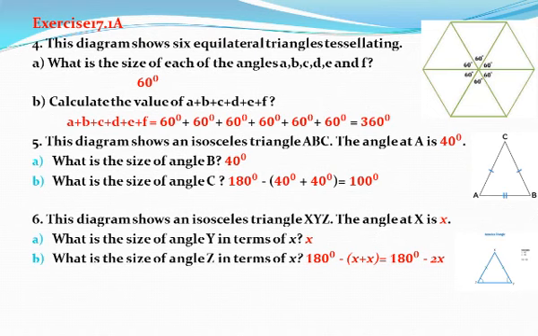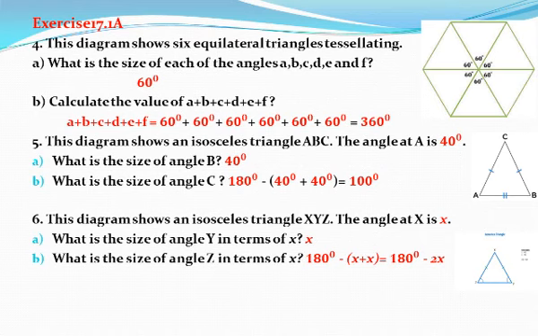Question 5. This diagram shows an isosceles triangle ABC. The angle at A is 40 degrees. It is an isosceles triangle, so the two sides are equal, and the corresponding angles are equal. So angle A is 40 degrees.